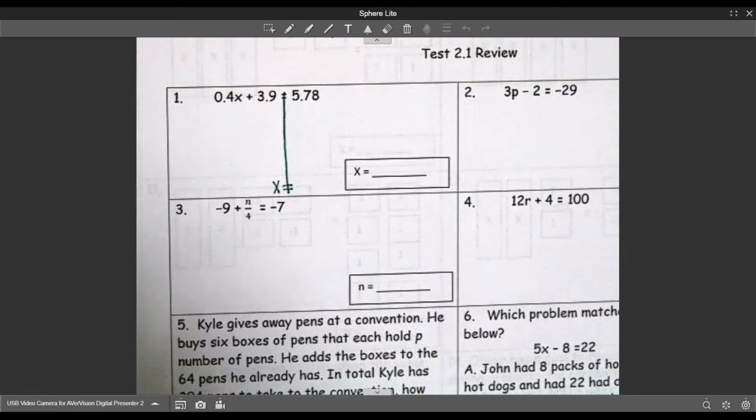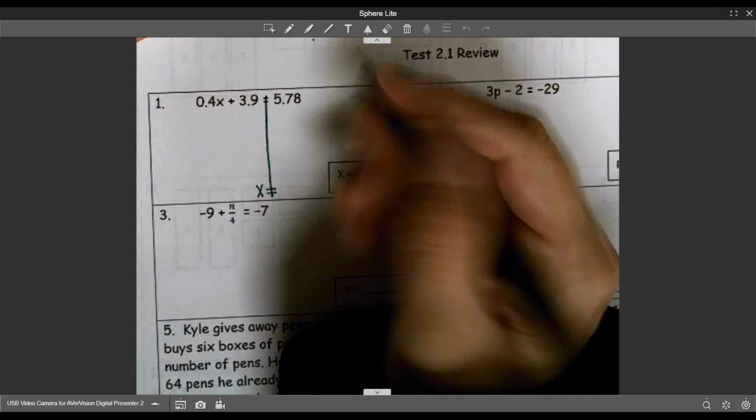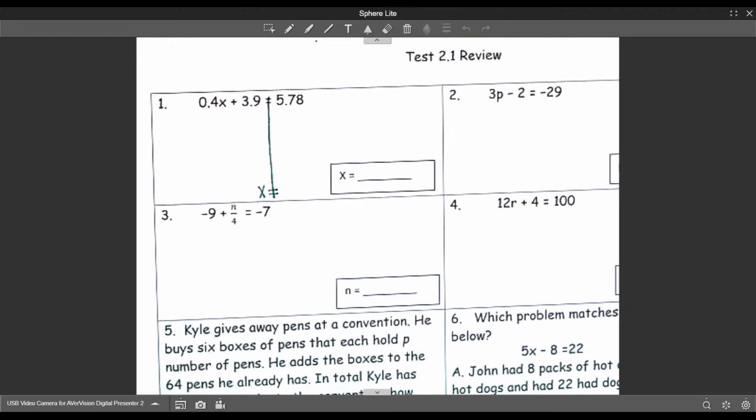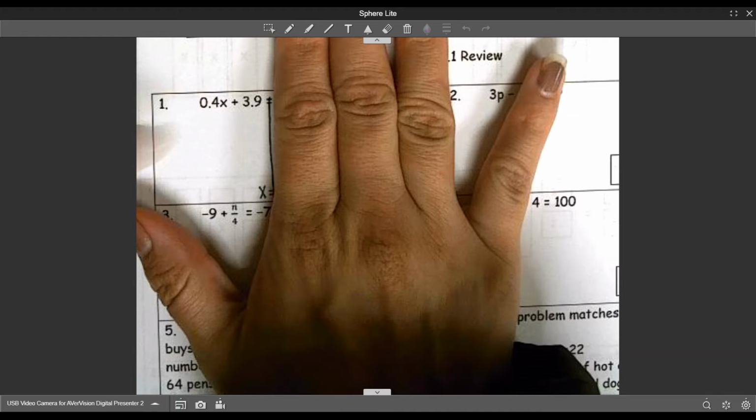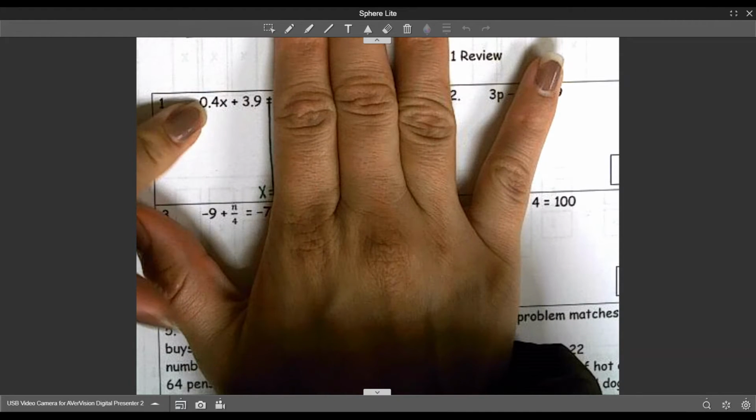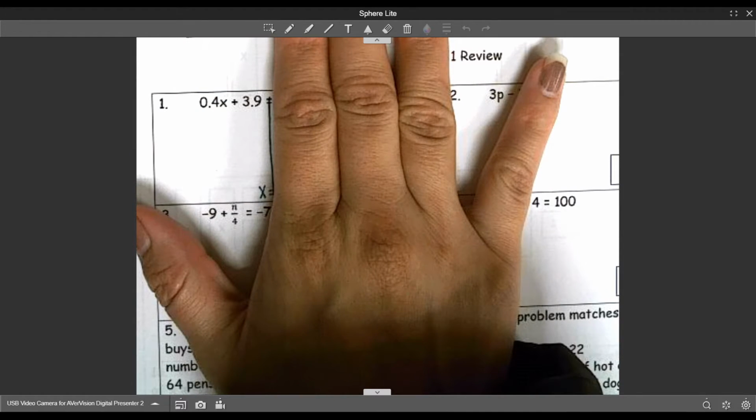So the first thing I'm going to do is ask, what do I get rid of first? My goal is to leave the x by itself, so I've got to get rid of this 0.4 and that 3.9. But which one do I get rid of first? Do I get rid of 0.4 or 3.9?